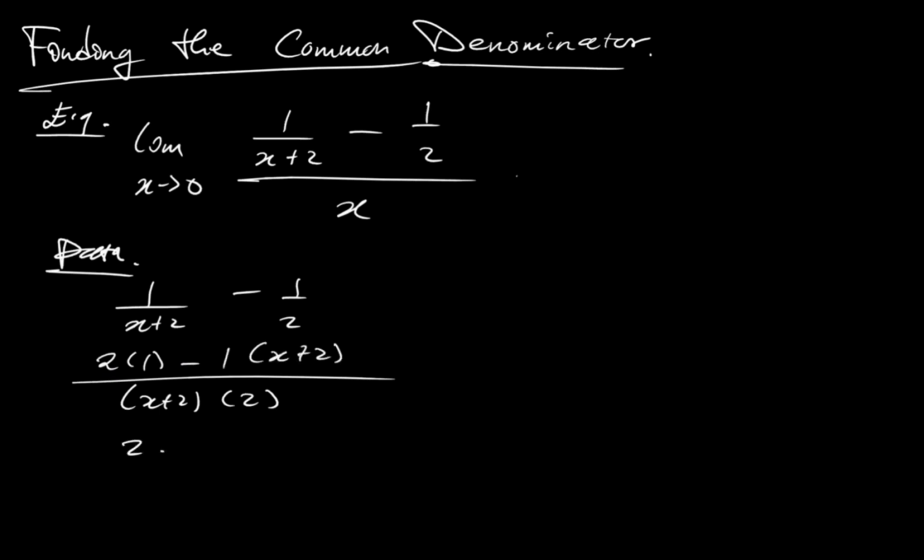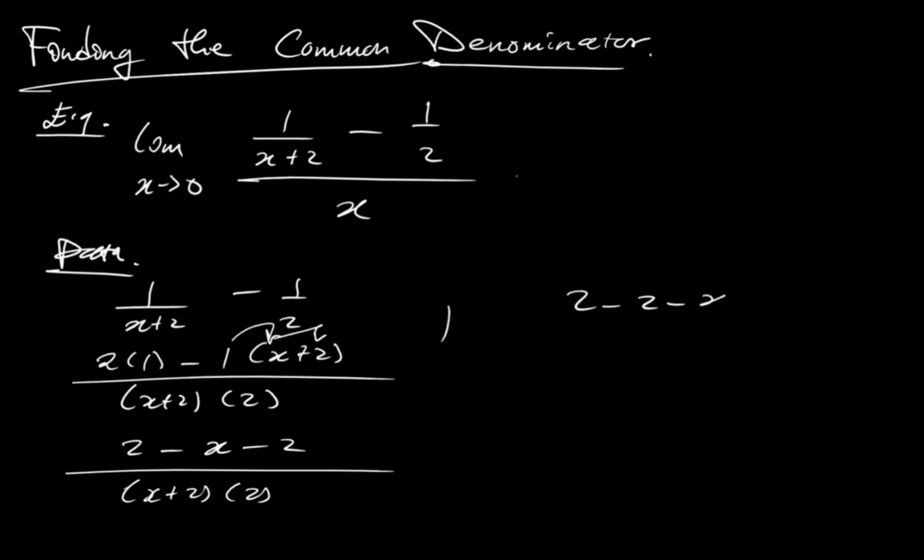The denominator doesn't really change, so x plus 2 times 2. So 1 multiplies this guy, and you get a minus x. And it multiplies the 2, and you get a minus 2. So you basically end up having 2 minus x minus 2 over x plus 2 times 2.